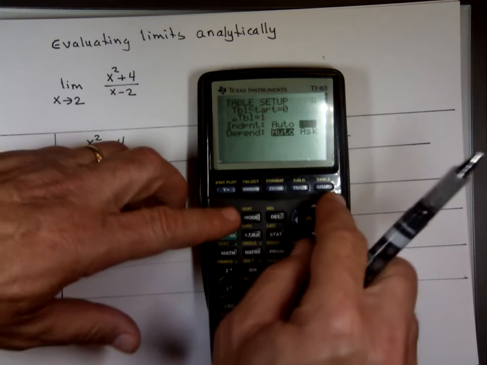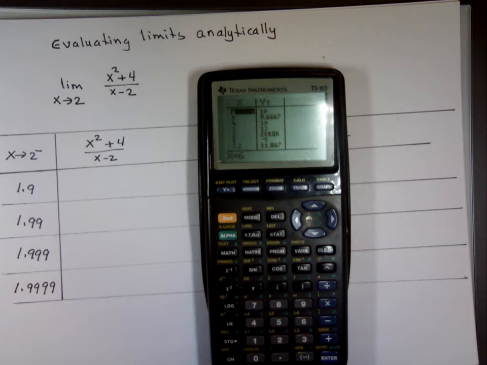Then you go second table to go to your table. You can use any number you want to. Let's put the 1.9.